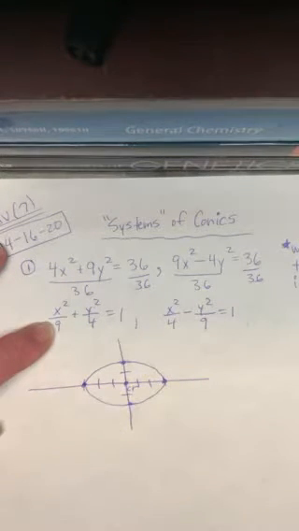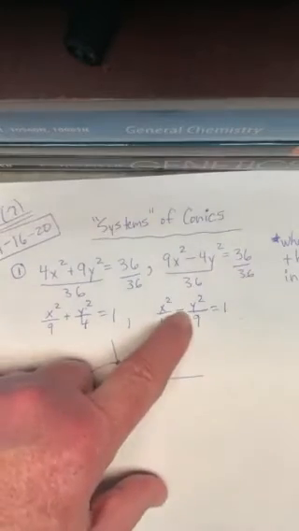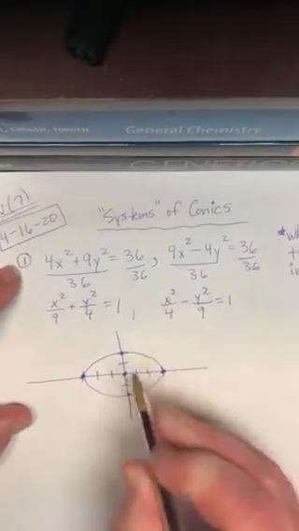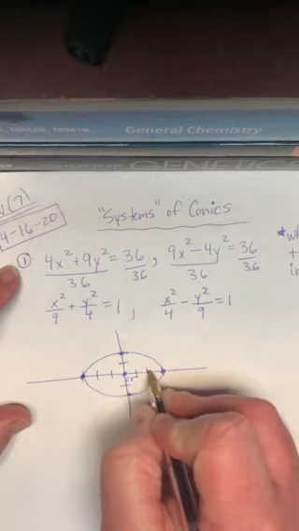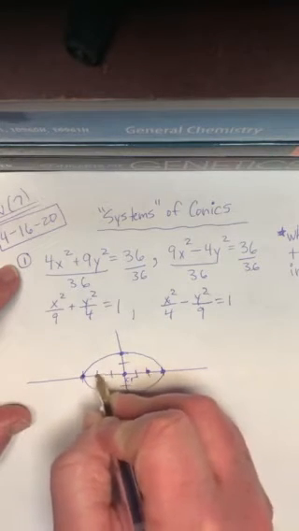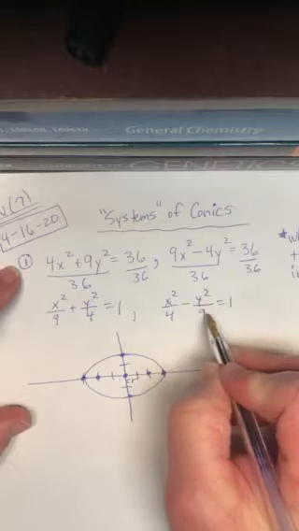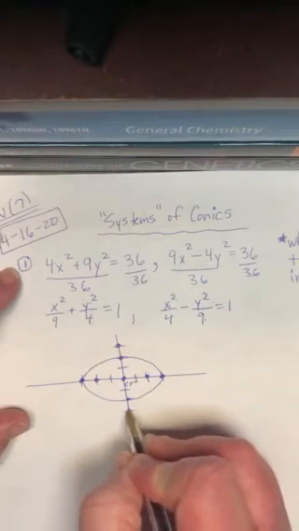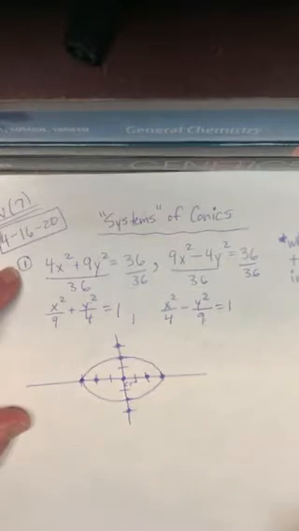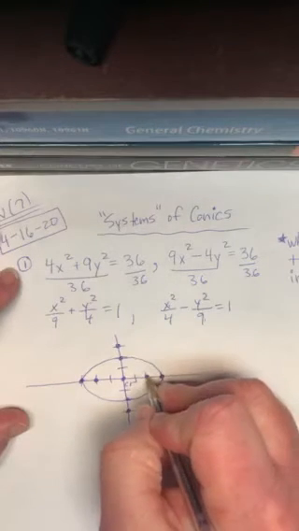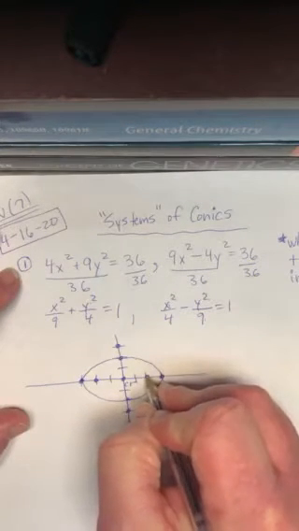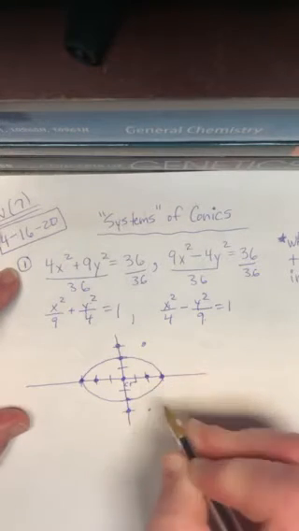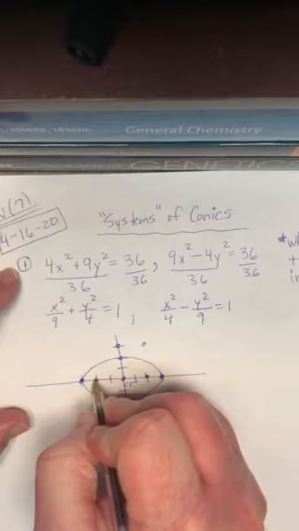So far, so good. The hyperbola, the center is also 0, 0. The x squared has a 4 under it, so I go right 2 and left 2. The y squared has a 9 under it, so I go up 3 and down 3. And remember, because it's a hyperbola, we're going to start at this dot. Look where my pen's at. I'm going to make a corner, go to this dot. Look where my pen's at.